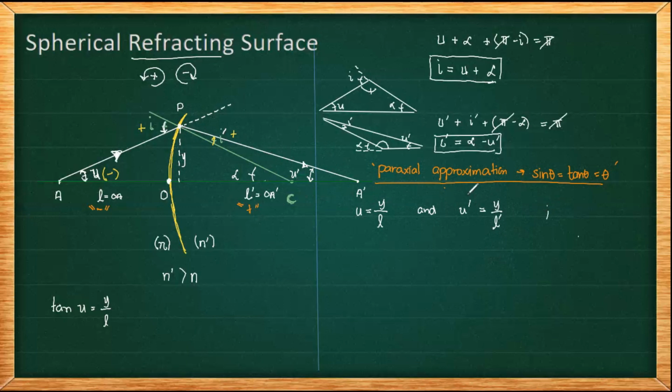We also have alpha. Alpha is y over the distance from C, so that is just the radius of curvature. So that is just y over r.